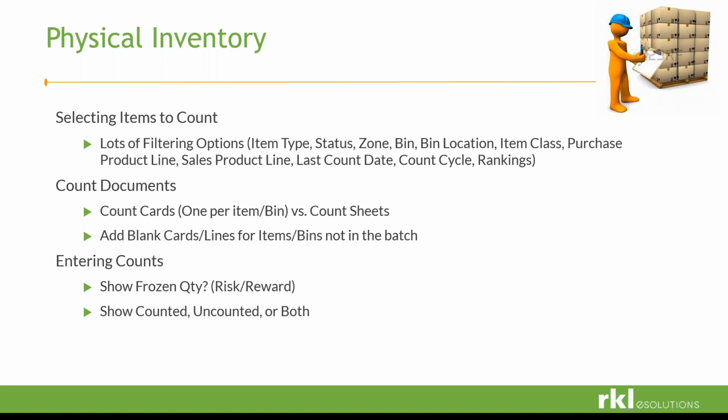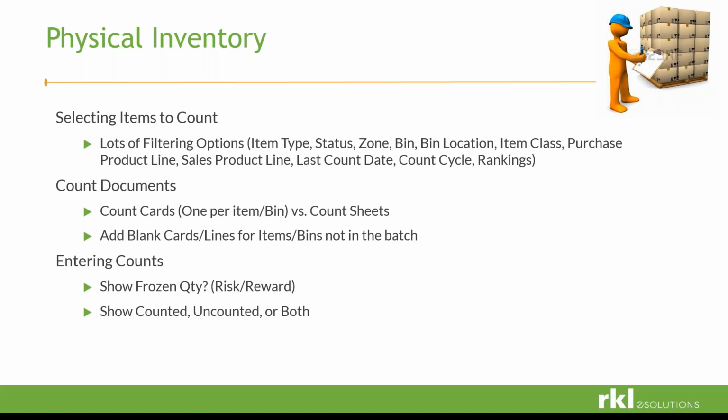In either case, you do have the option when you print the cards or the sheets to include blank cards or blank lines for any items or bins that are not in the batch. So you may ask, well, what's the point of including those?